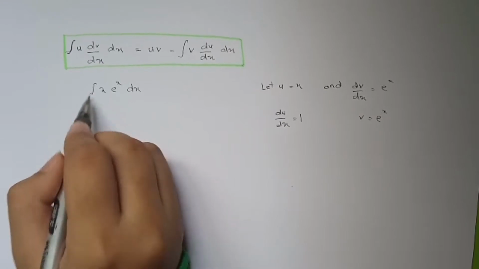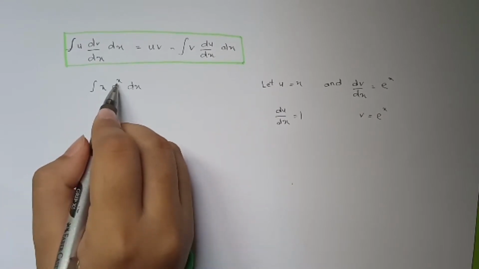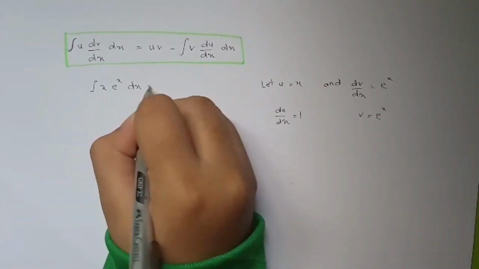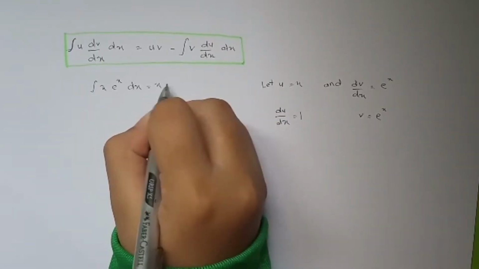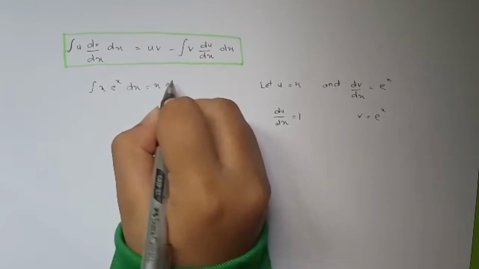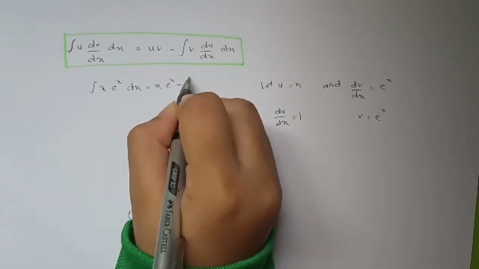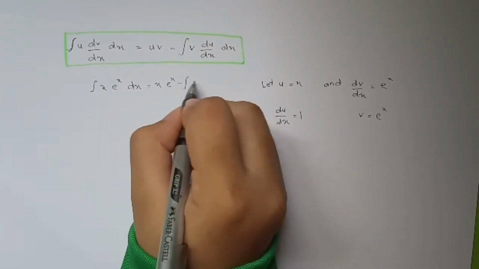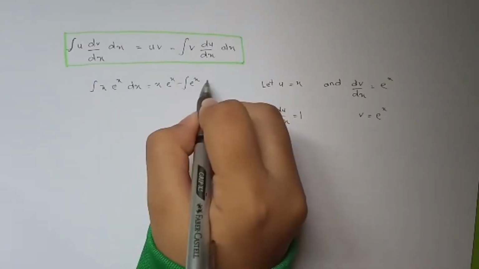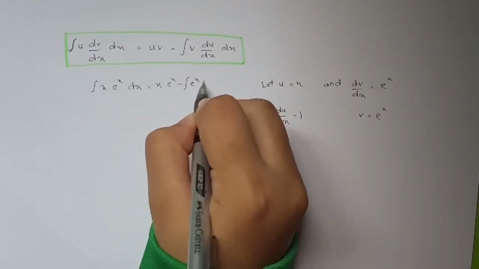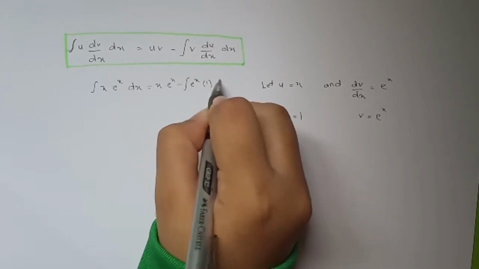So integrating x e to the power of x dx equals u times v, x times e to the power of x, minus integral of v du, e to the power of x times du dx, which is 1 dx.